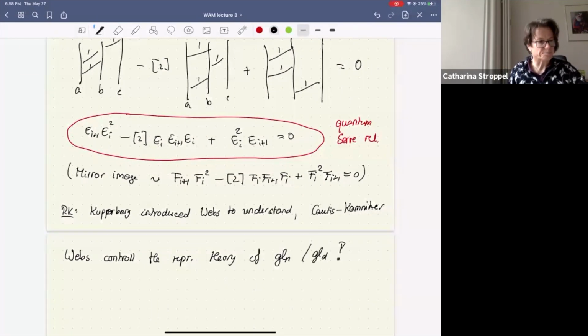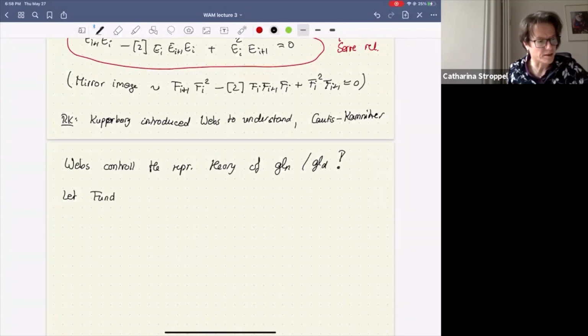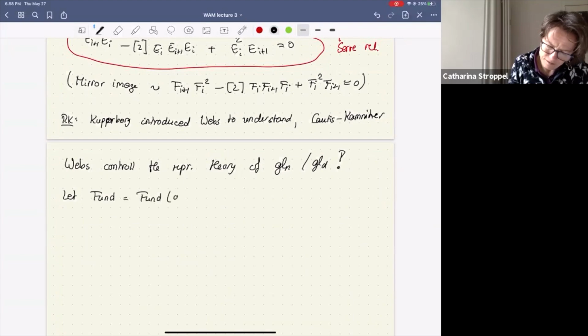So that's the message. To make this precise, I want to consider this category, which I call Fund. Fund stands for fundamental representations. More precisely, I fix, say, GLN, but it works in the same way for GLD.